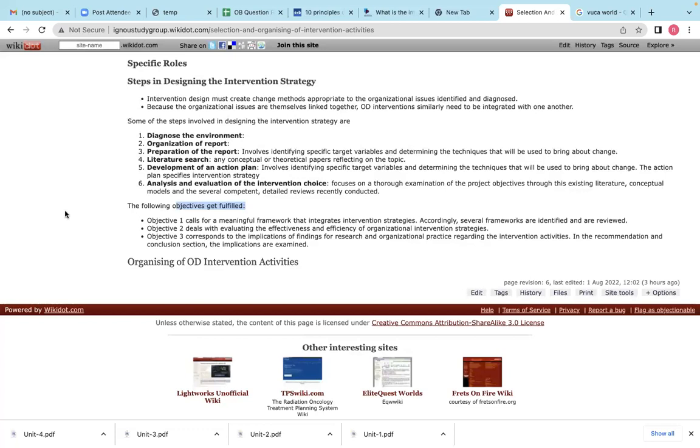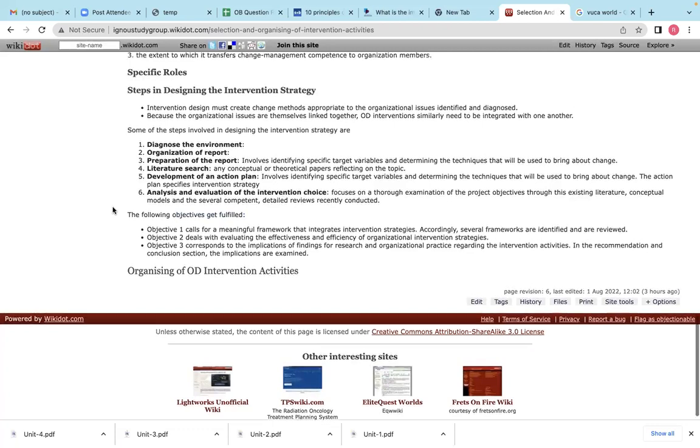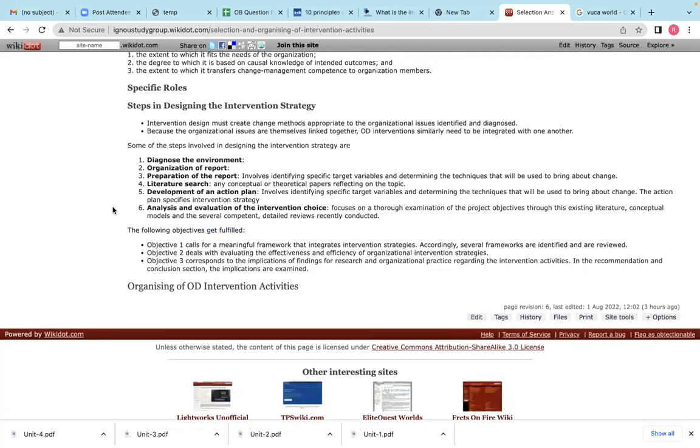So what exactly are the final outcomes, right? That is objective three. So these are the three broad objectives that this entire designing of intervention strategy would fulfill. Okay, so that actually completes unit 2 as far as our block 4 is concerned.